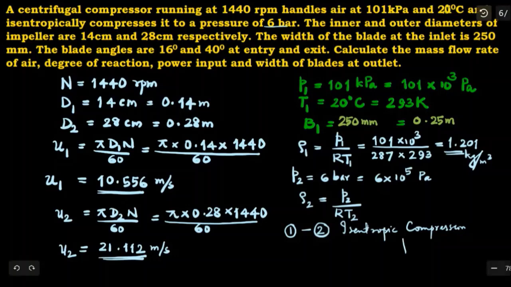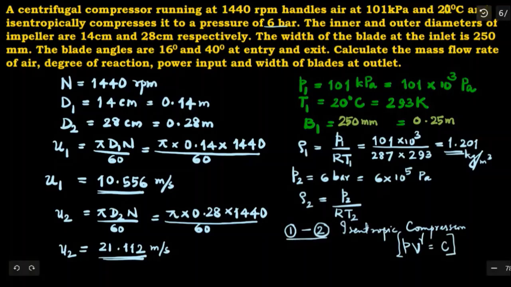When a perfect gas undergoes isentropic compression, it follows PV raised to gamma is equal to constant. Using the characteristic gas equation and this pressure volume relationship and eliminating volume, we get the relationship between pressure ratio and temperature ratio.